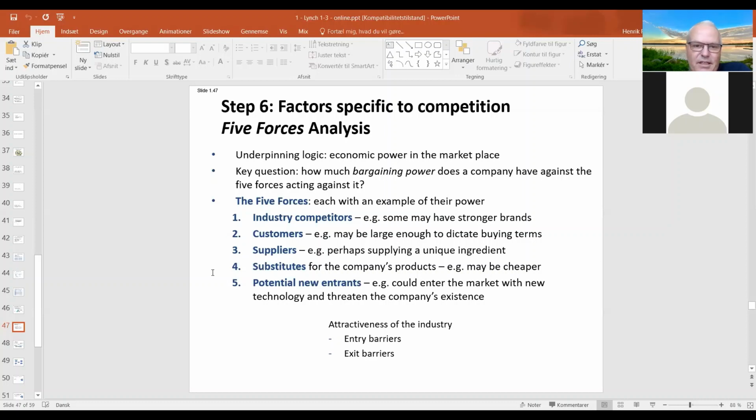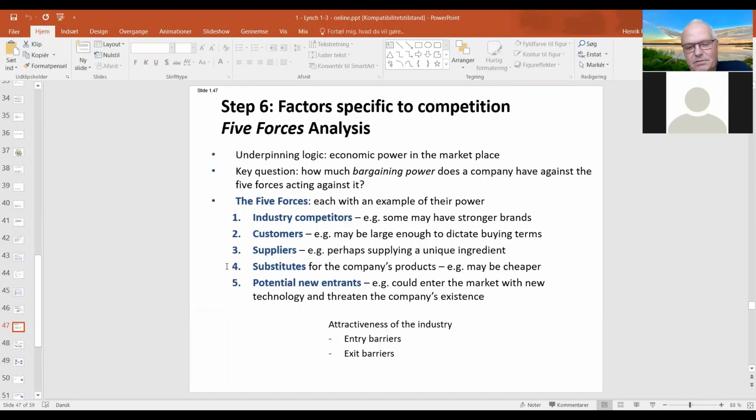The fourth thing is about substitutes. If you sell a product and you have this industry where your other competitors are selling the same type of product, then there might also be substitutes to what you are producing.